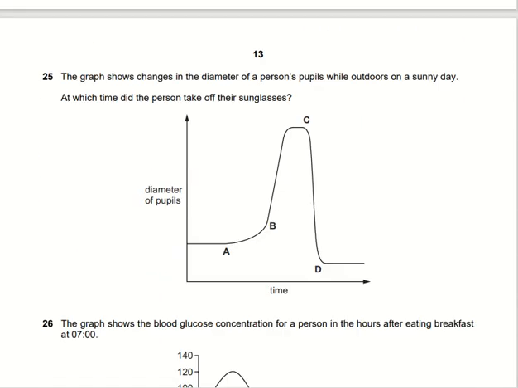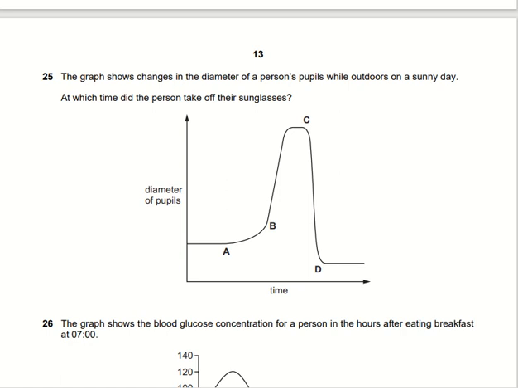The graph shows the changes in the diameter of a person's pupils when outdoors on a sunny day. At which time did the person take off their sunglasses? Whenever the sun is at its peak on a sunny day, it is required to put on the glasses.